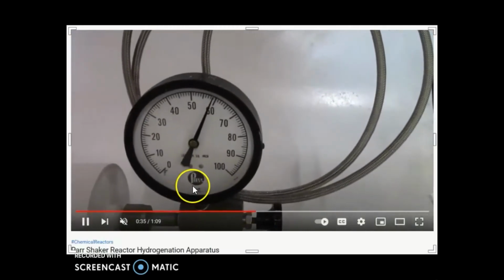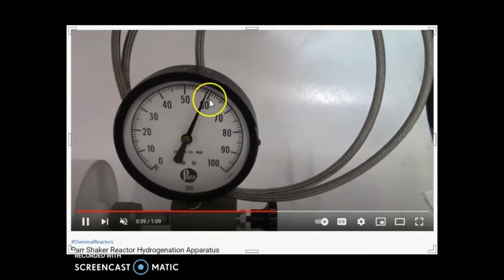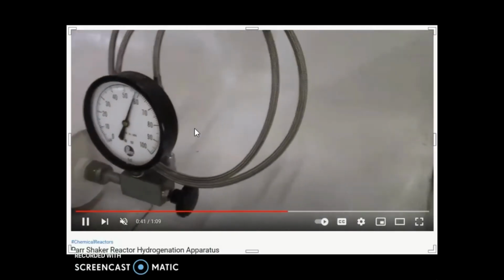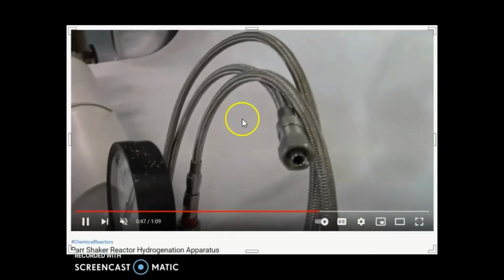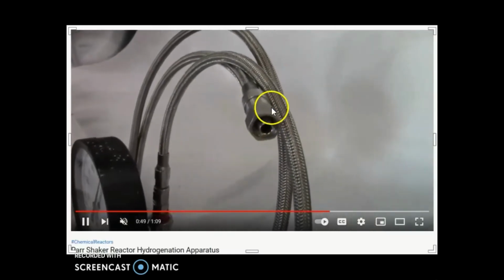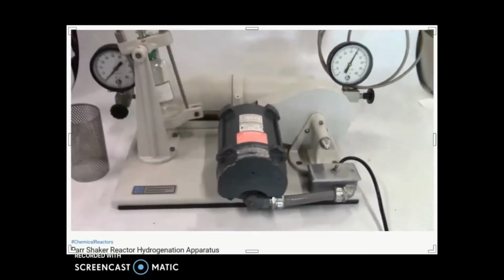This gauge is in pounds per square inch, I believe. Yeah, PSI. So running at just below 60 PSI. They're not running a reaction. They're just demonstrating that the piece of equipment is functional. So that's what a hydrogenation apparatus would look like for a lab scale reaction.